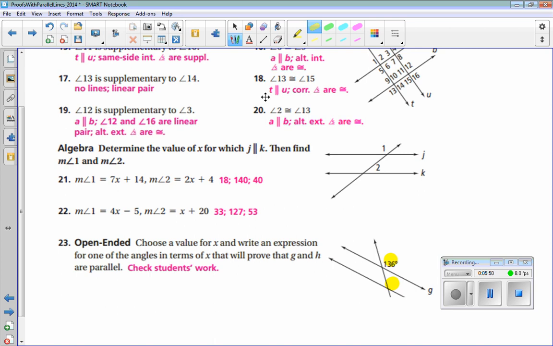Corresponding. So I know that x would have to equal what? 136, and I could write that if I wanted to. Or I could say, if I wanted to make this 2x, we could solve for x and say 2x equals 136. And what would x have to be in that case? What's 136 divided by 2?